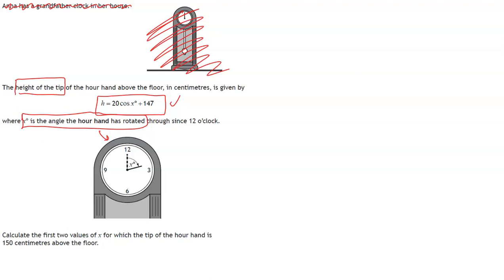Then it wants me to calculate the first two values for x for which the tip of the hand is 150 centimetres above the floor. So a key bit is that it's 150 centimetres above the floor. Now, looking at the question, we know the height of the tip is given by the trig equation there, and we know we want it when the height's 150. So what I want is to solve when 20 cos x plus 147 is equal to 150.